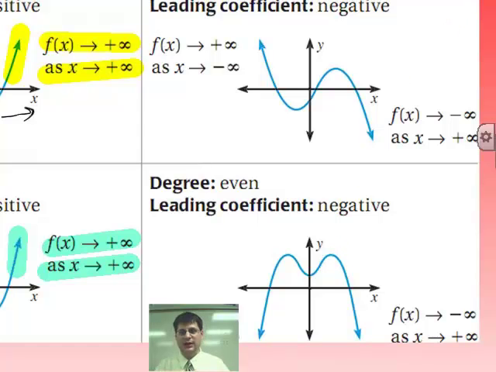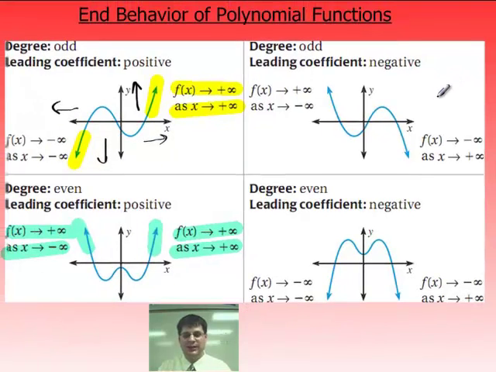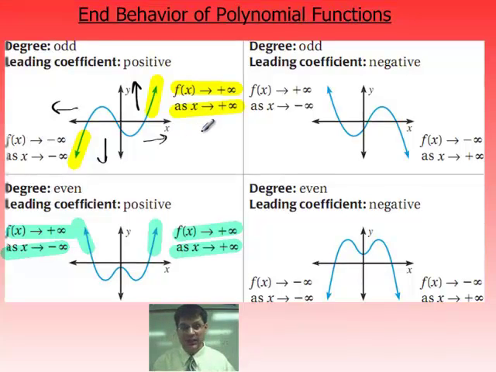A good way to think about end behavior is to think about what happens in the simplest case, like the simplest polynomial. A simple odd degree polynomial is going to be something linear. A line has a degree of 1, and 1 is odd.